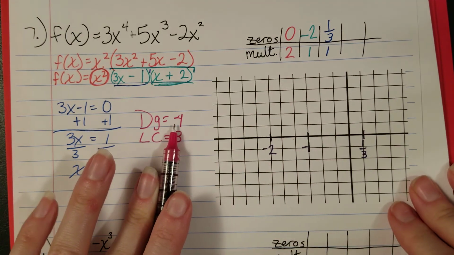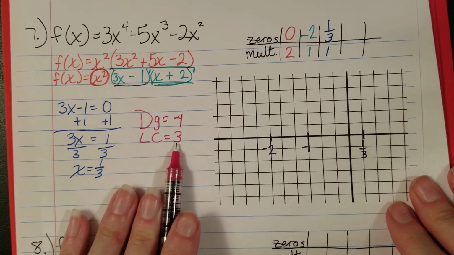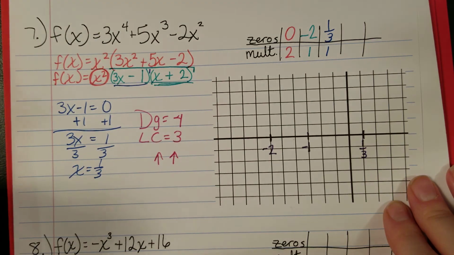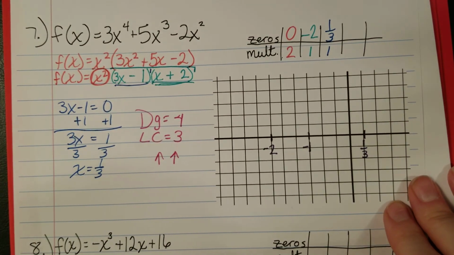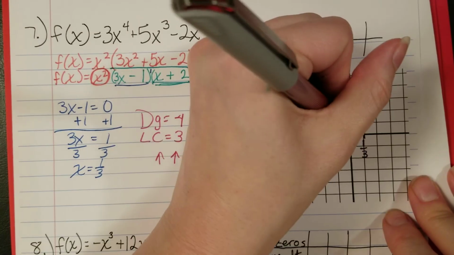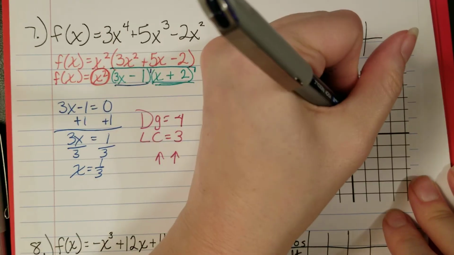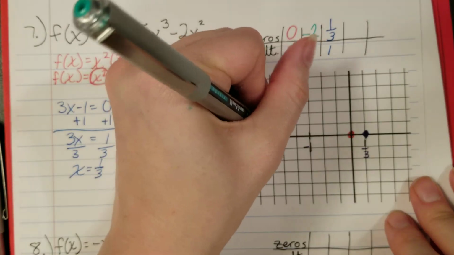So if the degree is even, that means both arrows point the same way. Leading coefficient is positive, so both arrows are up. Let me plot my zeros. There's that one, there's that one, and here's this one.